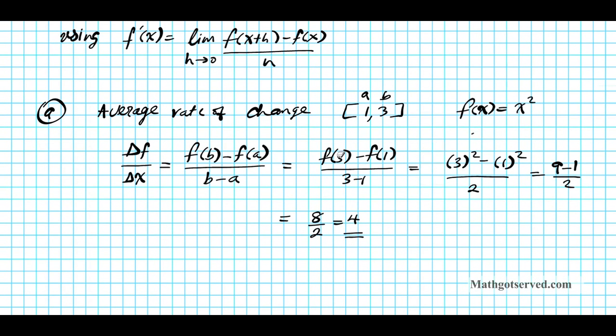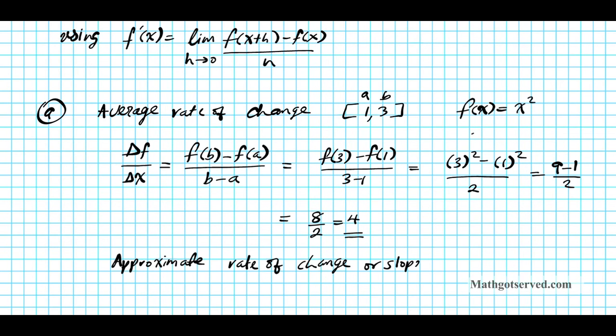Basically, we're approximating the rate of change at x equals 2 using the interval 1 to 3. So let's write down what our answer means. The approximate rate of change, same thing as slope, right?